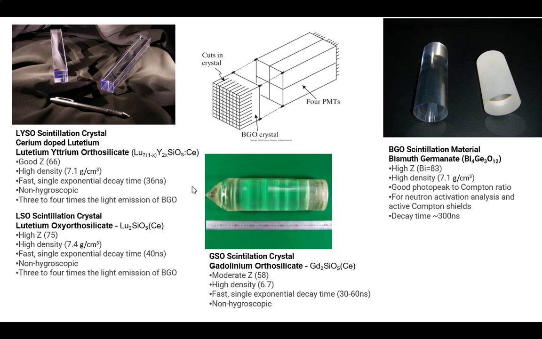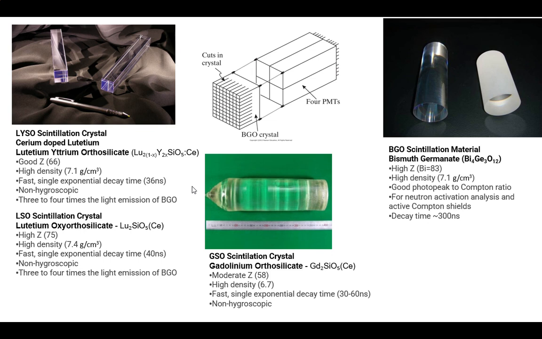This is in the range now that I can do time of flight measurements. The lutetium has even better stuff. It's got high Z. I've got a really good density. I got a really good decay time. 40 is a little bit optimistic. 40 to 50 is probably more accurate, but if you get a good crystal, you can probably get down to 40.